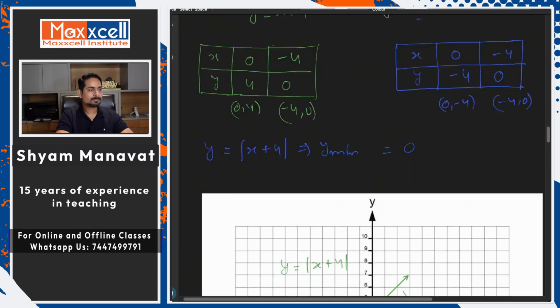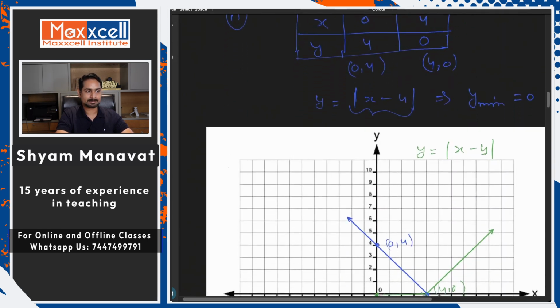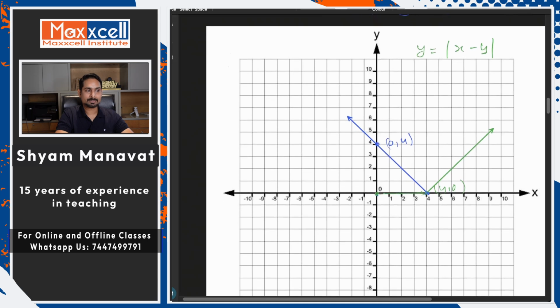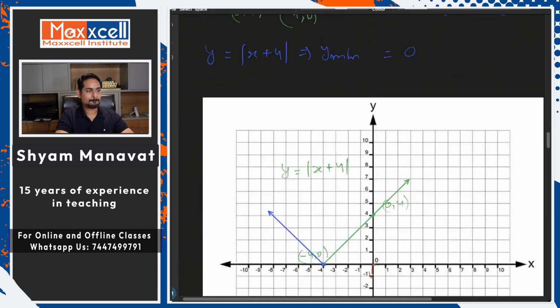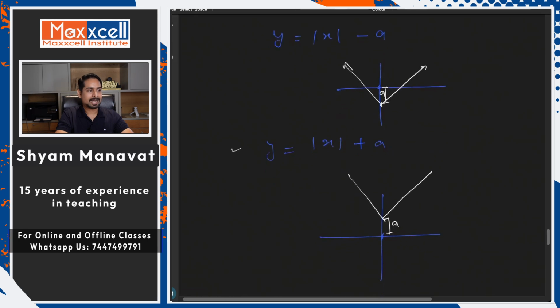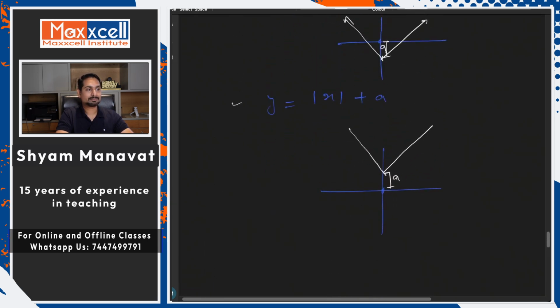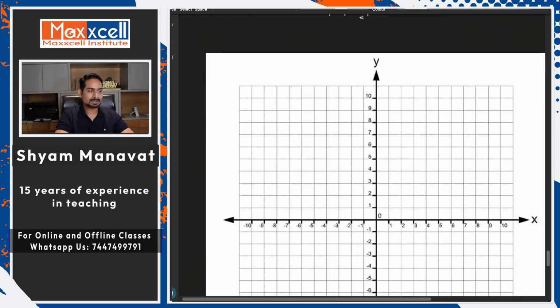See, when you have minus inside the modulus, then you shift right hand side. And if you have plus sign outside the modulus, then you shift where? Up. So you shift right and you shift up.